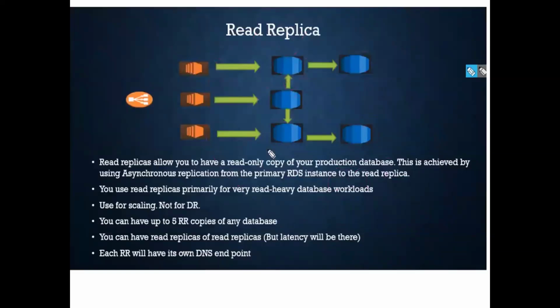Consider we have a production database getting many requests, some to perform read operations and some to perform write operations. If all the requests have to be handled by the same database, then the database will be heavily loaded, and there are chances of it crashing.